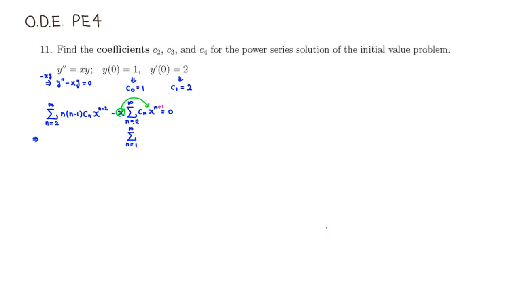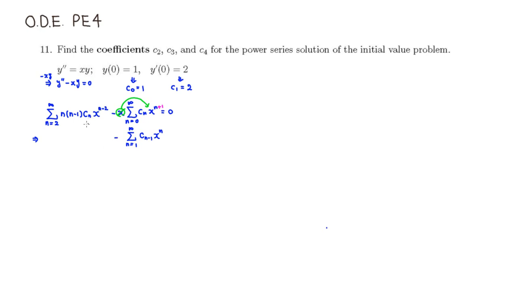Since I'm shifting the index by 1, increasing the starting number by 1, I'm going to decrease the indices by 1. So you have c sub n minus 1, then you have x to the n instead of n plus 1. There's a negative sign here.